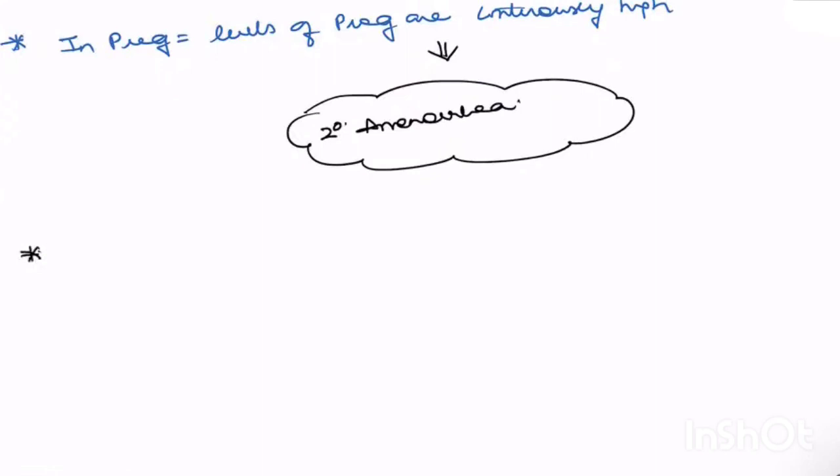Yes? Now I am just asking you one more clinical situation and then we will talk more about the menstrual cycle. Suppose you are sitting in your OPD and a female patient comes and says, doctor, my periods were due around 4 days back, but I have still not got my period. Whenever a female tells you that she has amenorrhea, her period has not come, in all such patients you have to rule out pregnancy.